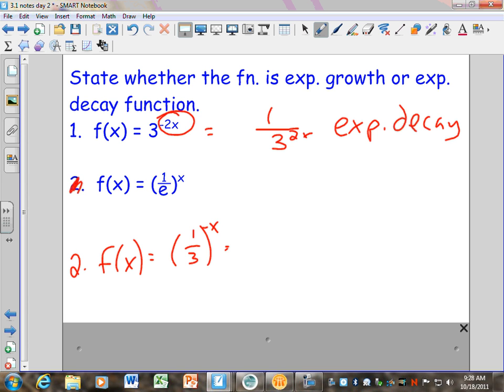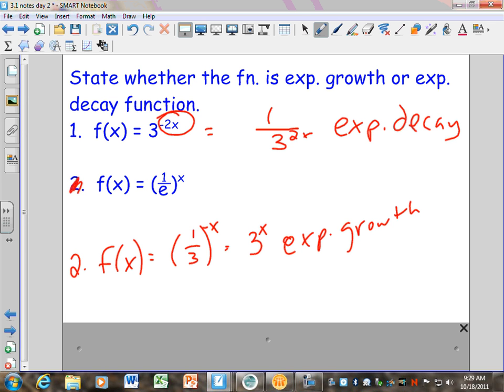You could write that as 3 to the x because negative means flip it over. So would this be exponential growth or exponential decay? This would be exponential growth because it was a fraction, but then the negative flipped it over. You see what I'm saying there? It would be 3. Yes, Sarah.